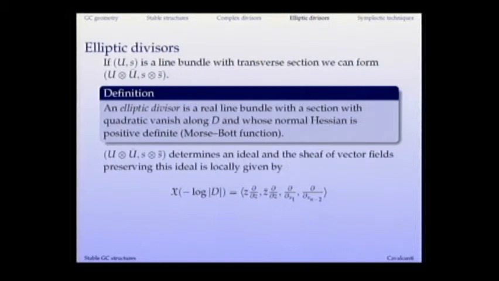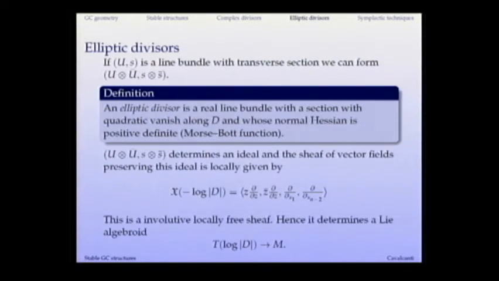And I get the remaining coordinates that just keep on going like that. So I do get to describe the sheaf of vector fields preserving the ideal. And again I'm lucky: I still have the correct number of sections, it's still a locally free sheaf. So it's an involutive, locally free sheaf, and again I have a Lie algebroid over M. But now I have both z dz and z bar dz bar appearing there.